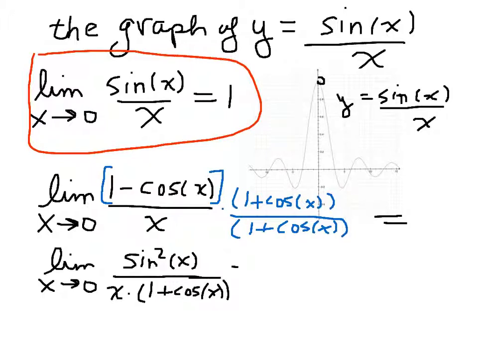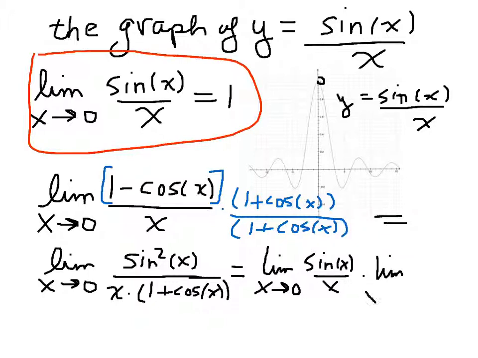And now if we use our properties of limits, we can break this up as the limit as x goes to 0 of sine of x over x, which we know to be 1 from above, times the limit as x goes to 0 of sine of x over 1 plus cos of x.